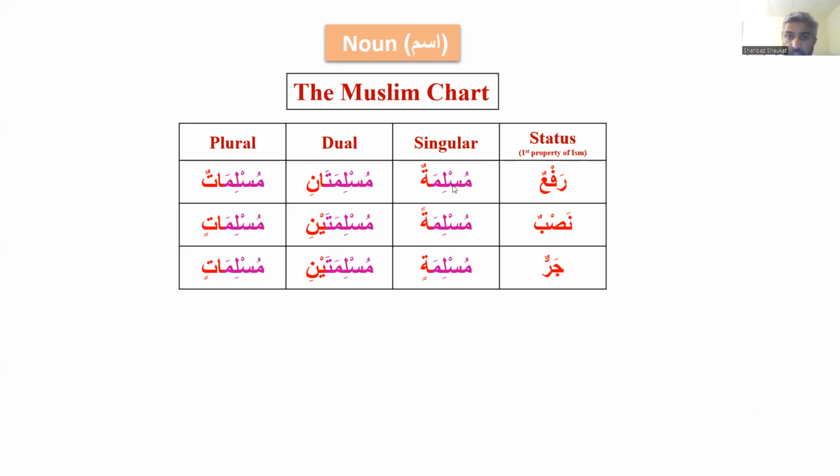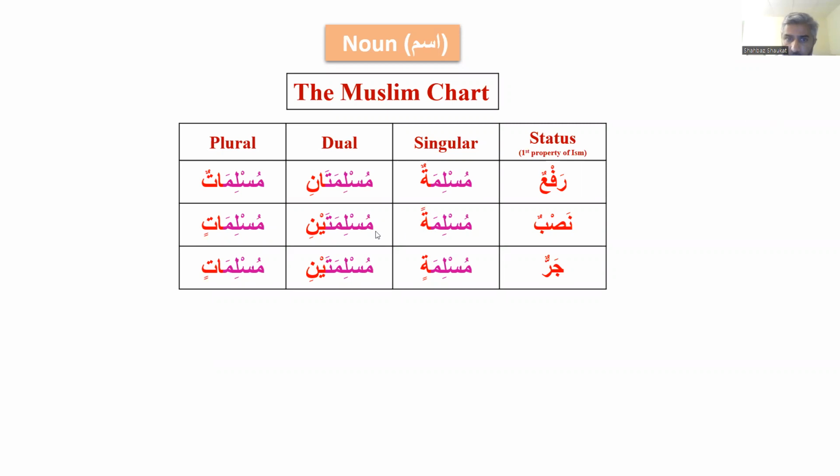So you see in singular, Muslimatun, Muslimatan, Muslimatin. Over here it is two dhamma, that is rafa, two fatha, nasab, two kasra, jar. Same rule which applies to the masculine Muslim chart.